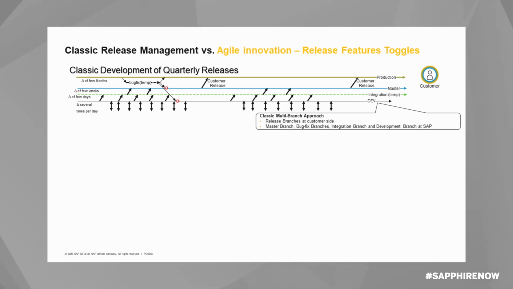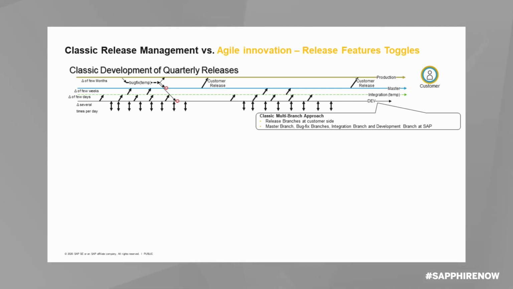There are several changes over the days by the developers on the lowest level. But only in cycles of days and weeks, the upper lines get updated. And a customer release happens only every half year or after a year. And corrections have to be provided in parallel.